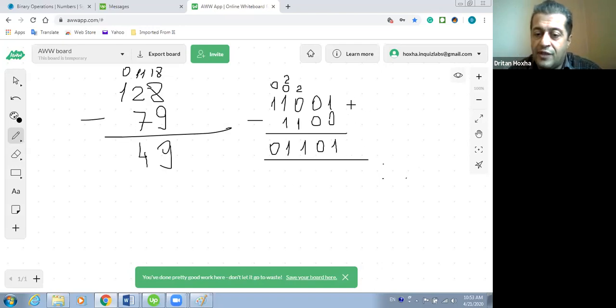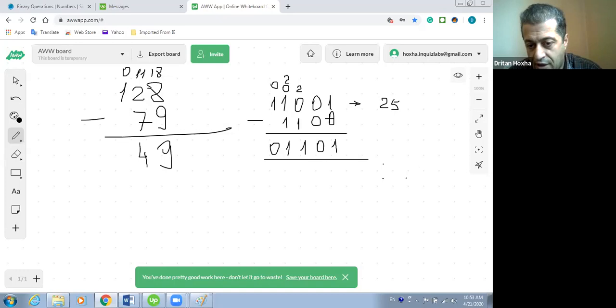Let us convert it first. By mind, we have 1 plus 0 plus 0 plus 8, because this is the position of 2's, 4's, 8's. 1 plus 8 plus 16, it is 25, isn't it?